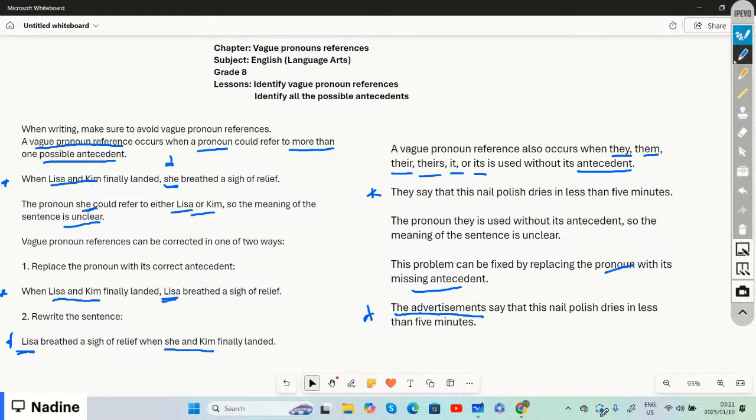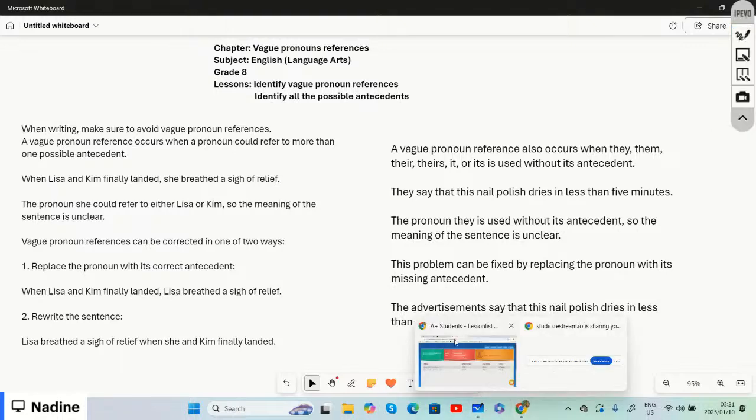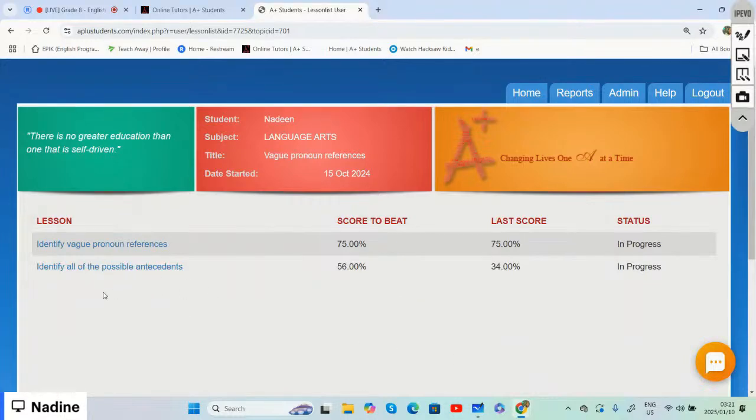All right, so now we're going to a+students.ca and we are going to identify vague pronoun references as well as possible antecedents.